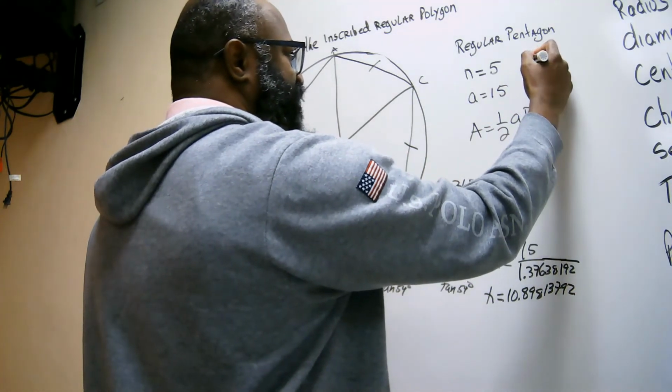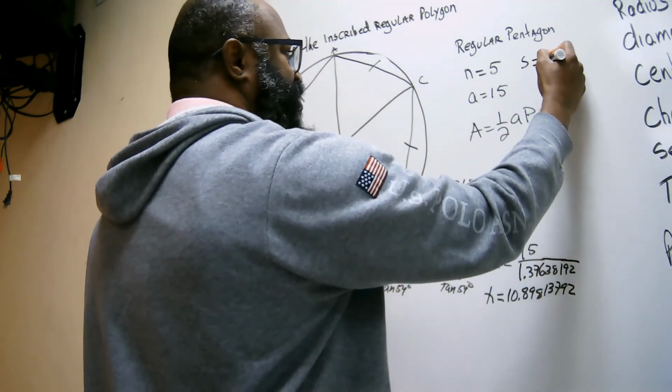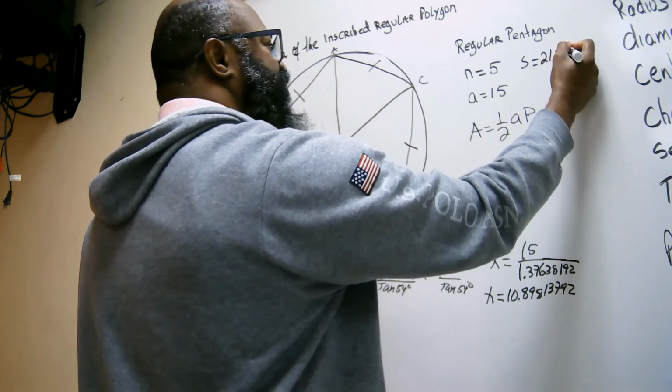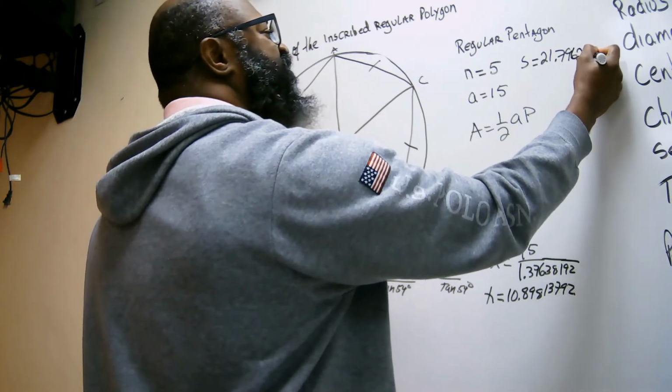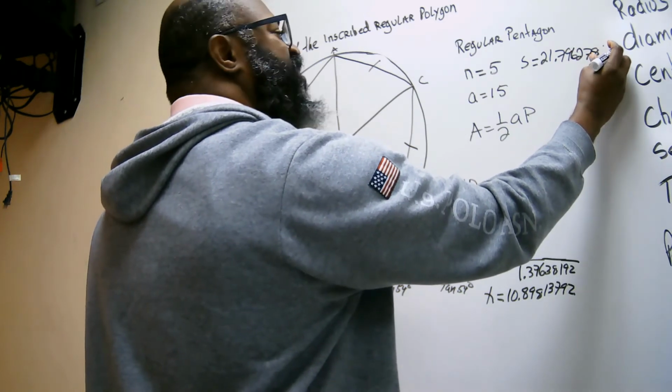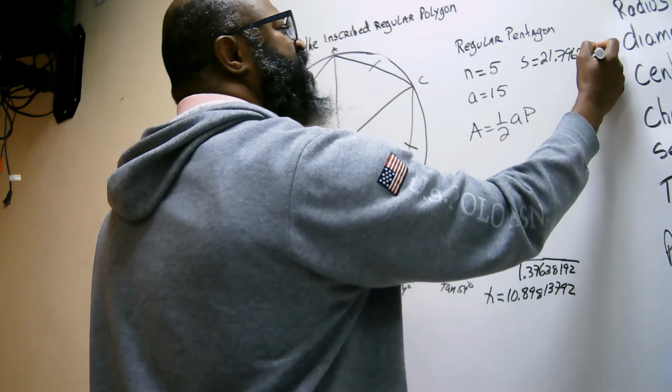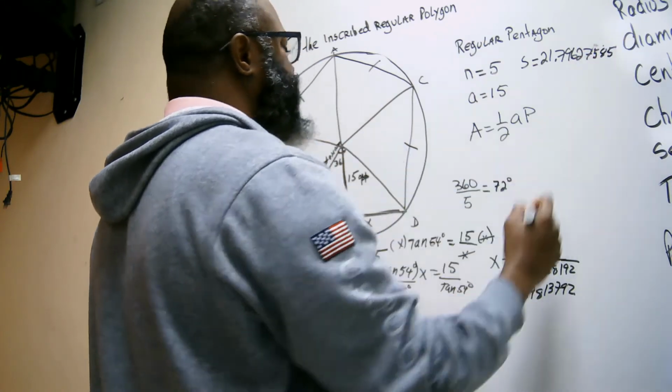Right? Side is 21.79627585. Now I can find the perimeter, then I will be in business.